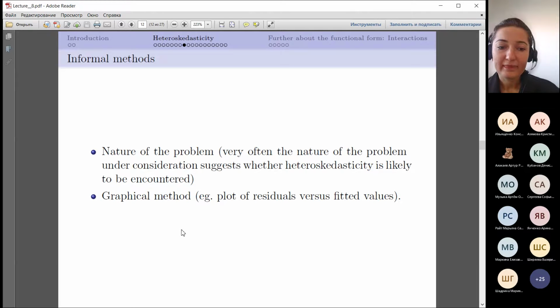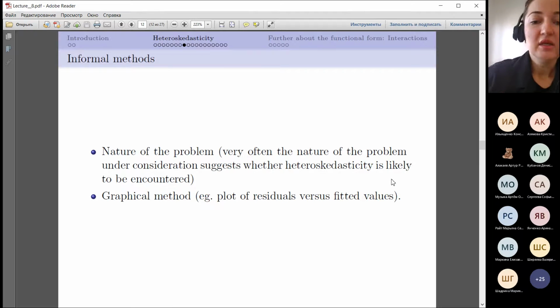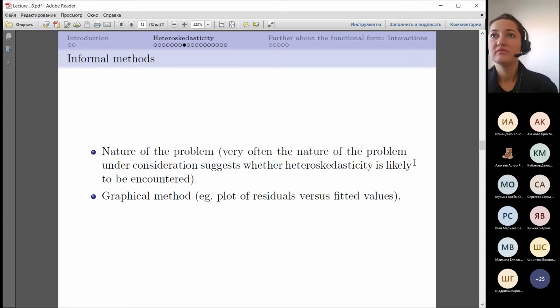But also, as the second informal method, you can use graphical methods. For example, you can use a plot of residuals versus fitted values, or versus some explanatory variables. You can choose which one, and you can take a look at the plot of the residuals, for example, versus the variable of your main interest.